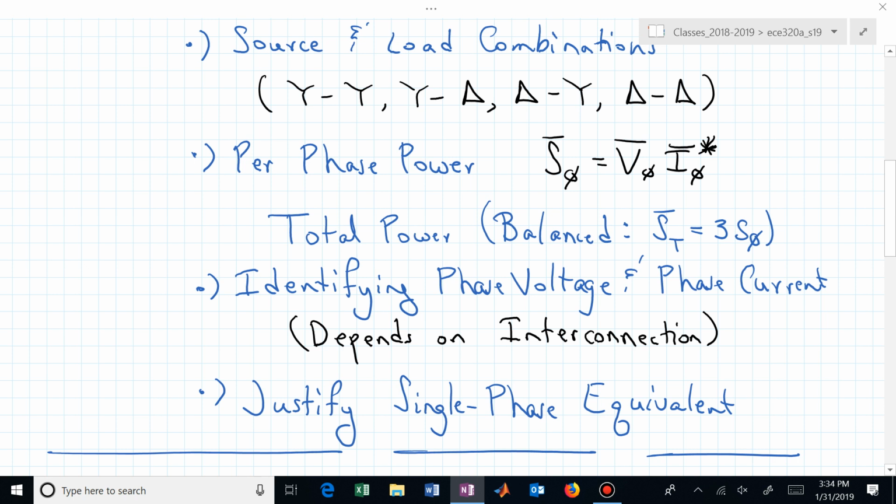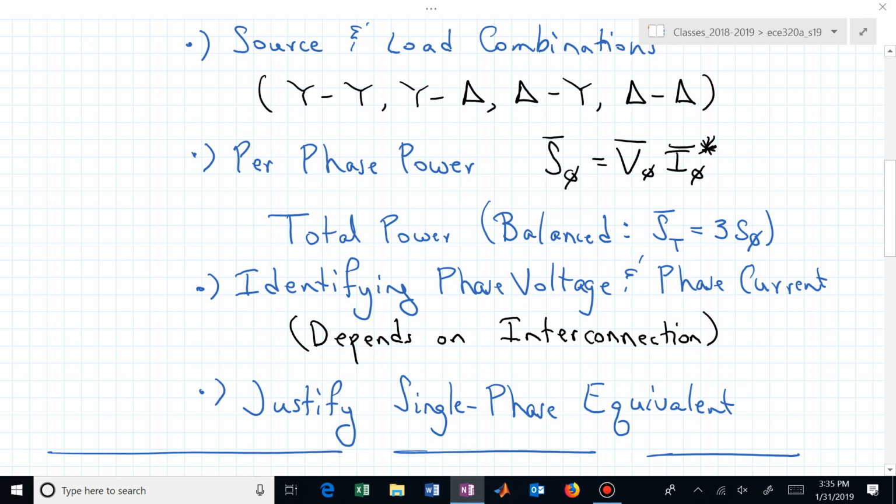And for complex power, we now have to figure out what is actually the phase voltage and what is the phase current. We then do the VI star for that phase voltage and phase current to compute the complex power of a particular piece or phase in our system.